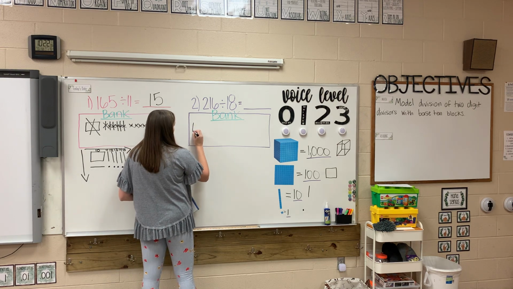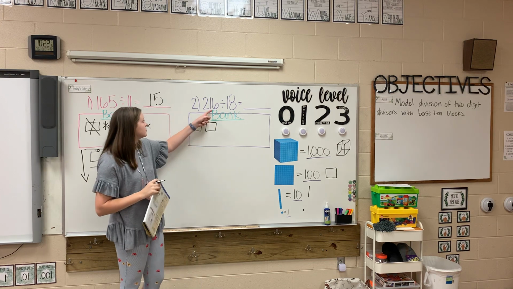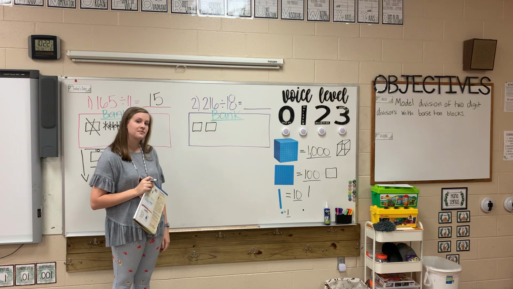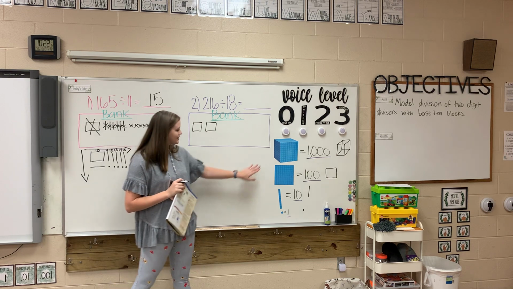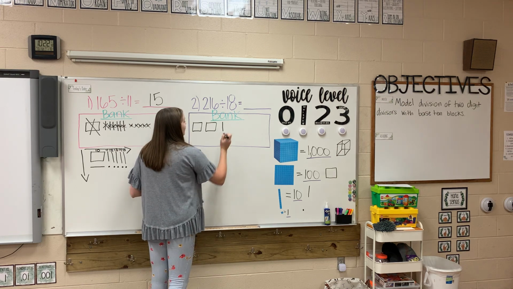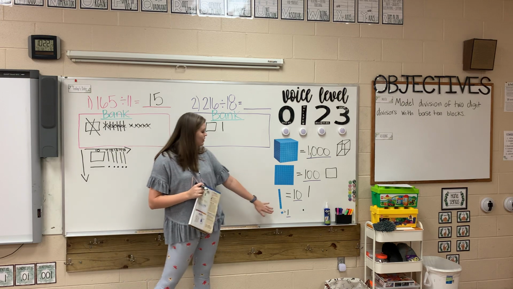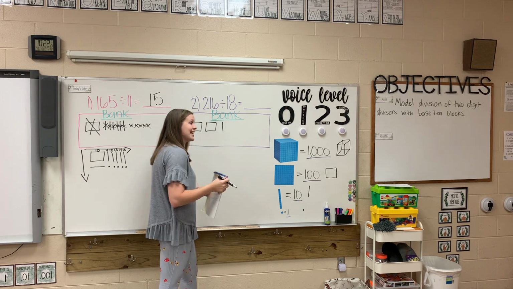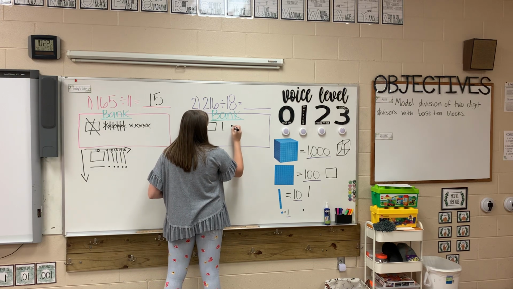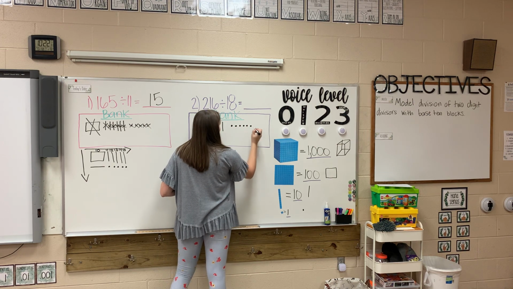So we have 100, 200. How many 10s do we need? 1. And how do we represent our 10s? By drawing a line. So we have 210 right now, but we need 216. So how many 1s do we need? 6. So let's go ahead and draw those. 1, 2, 3, 4, 5, 6.